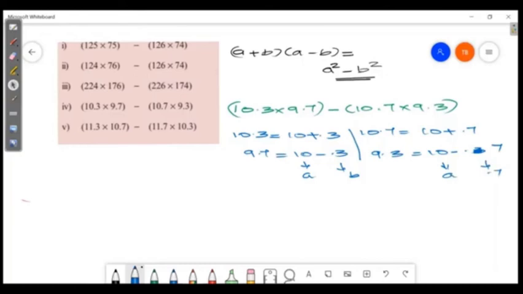Clear, children? So we can write 10.3 into 9.7 as 10 plus 0.3 into 10 minus 0.3 and 10.7 into 9.3 as 10 plus 0.7 into 10 minus 0.7.